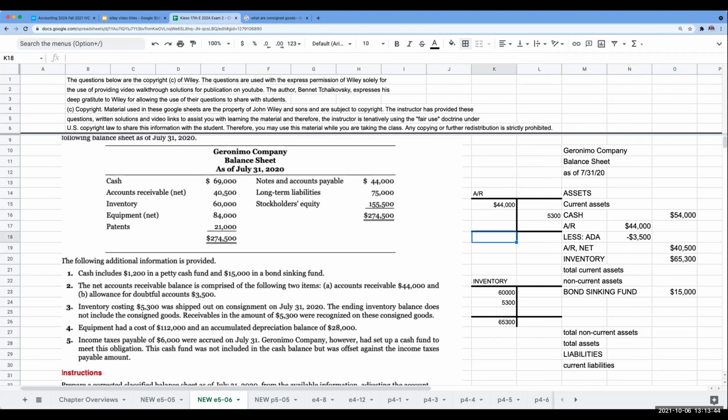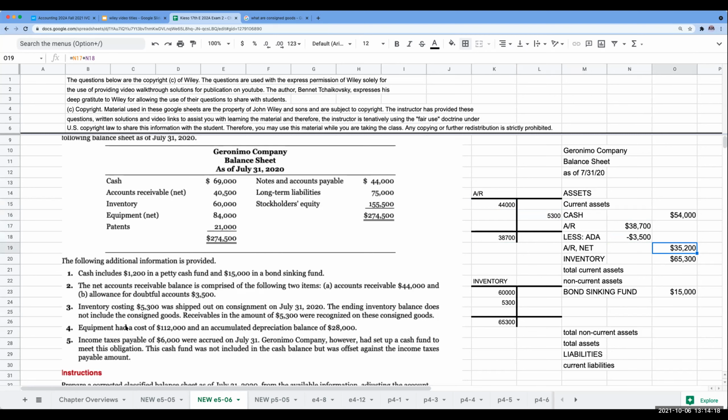When I remove it from accounts receivable, my ending balance in AR is now going to be 38,700. My pre-balance here was 44,000, coming over from number 2. I've got to remove it because I should not have recorded a receivable as a result of shipping out those goods. So right over here, 38,700 minus my ADA gives me 35,200.